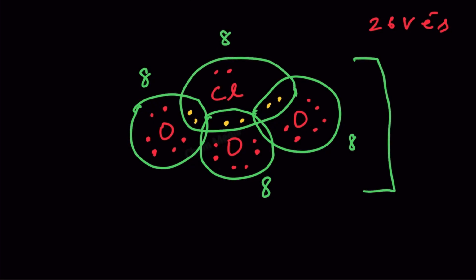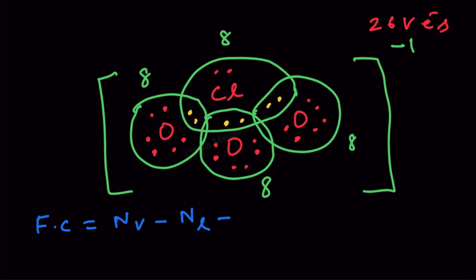However, this is not the best Lewis structure for chlorate ion. Let us calculate the formal charges to see why it is not. Formal charge is equal to total number of valence electrons in the atom minus total number of non-bonded electrons, that is the lone pairs of electrons in the molecule, minus total number of bonded electrons divided by 2.